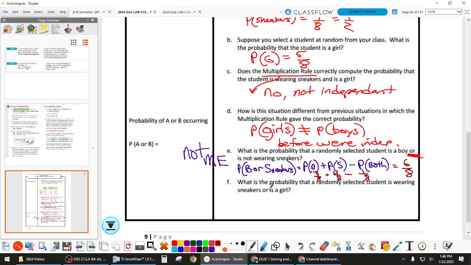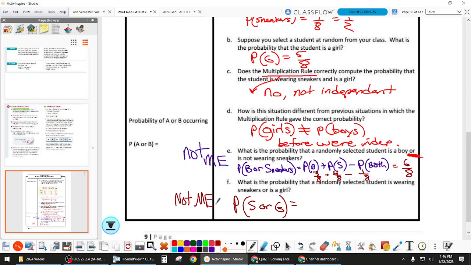Okay. What is the probability that a randomly selected student is wearing sneakers or is a girl? Does it matter that we switched, like up here it was boy or sneakers, now it's sneakers or girl? Does that matter, the order? No, because it's addition. Are these mutually exclusive? No, because we have 1, 2 of you that are girls and wearing sneakers. So it's not mutually exclusive.